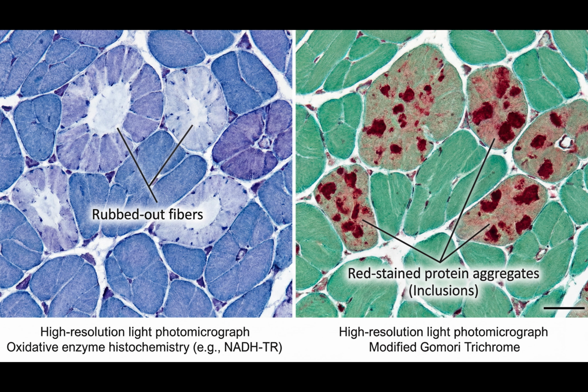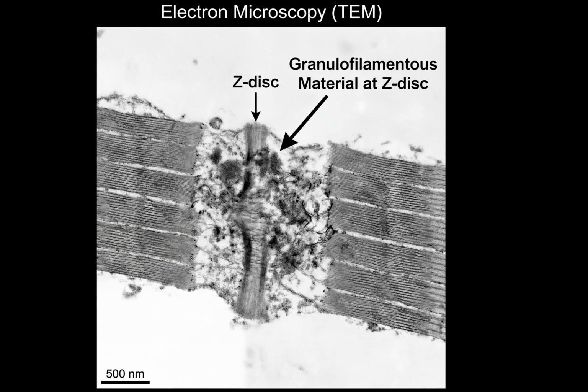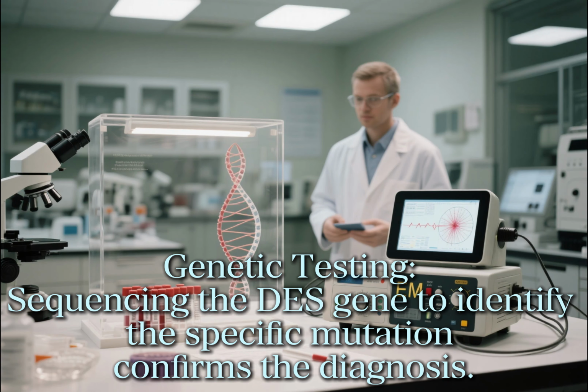Inclusions: red stained clumps on trichrome stain, indicating protein aggregates. Immunostaining: antibodies against desmin will reveal clumps of desmin rather than the normal smooth network. Electron microscopy shows characteristic granulofilamentous material at the Z-discs. Genetic testing: sequencing the DES gene to identify the specific mutation confirms the diagnosis.